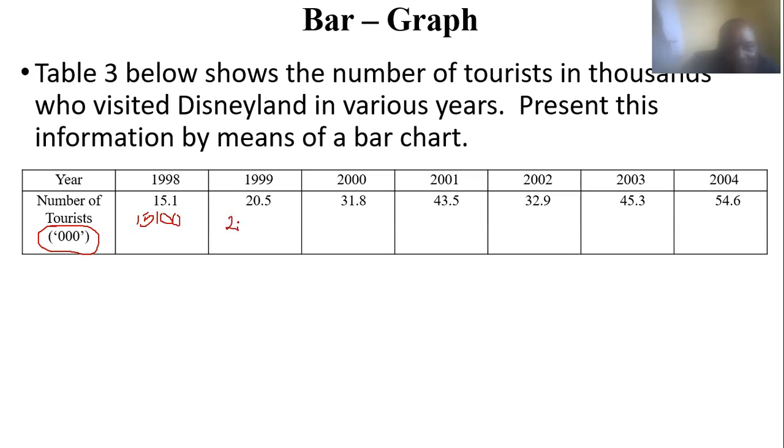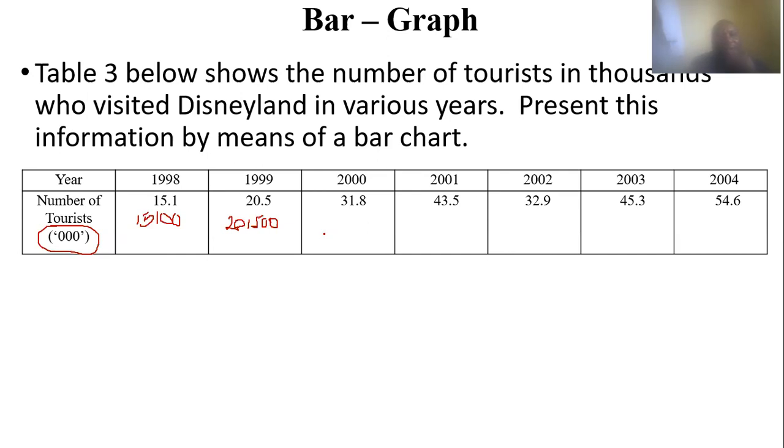This one is 20,500. So it's very important to know that we can represent this data in a way that we don't have to take a lot of space.